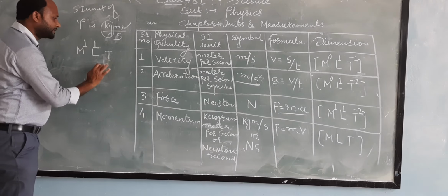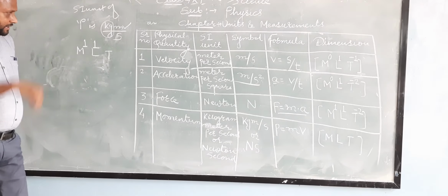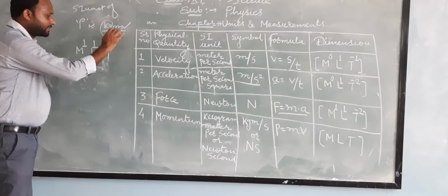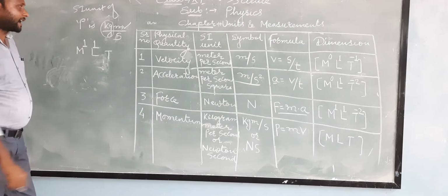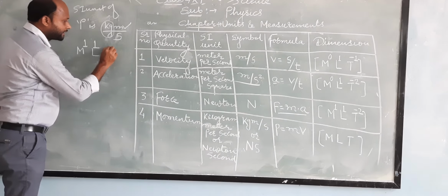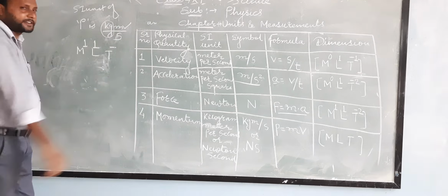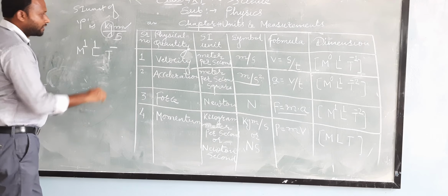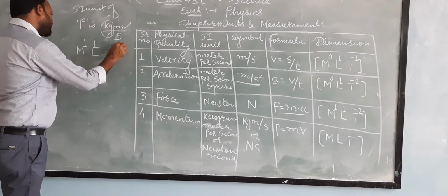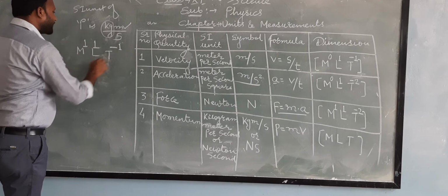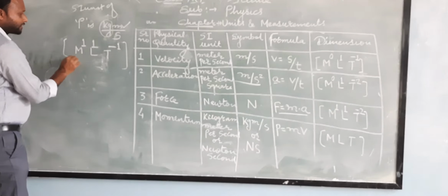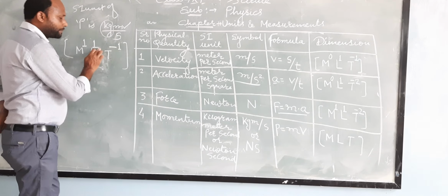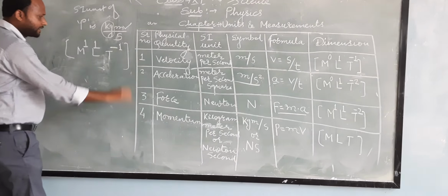And the last term is T. T stands for time, and the SI unit of time is second. Second is present but in the denominator, so we take a minus sign, and the power of second is 1.